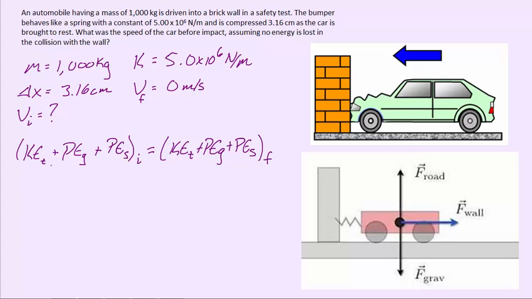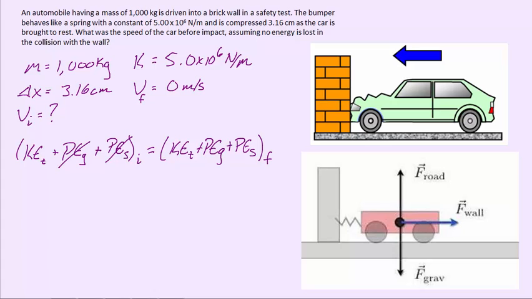So first we can simplify our equation since initially the car has a velocity, so we have kinetic energy. Our car is traveling only in its x direction, so there's no change in its y displacement. And before impact, the bumper remains uncompressed, so our potential energy of spring is equal to 0 as well.